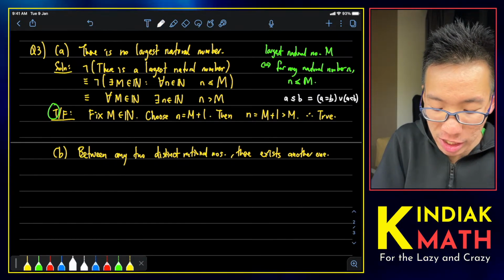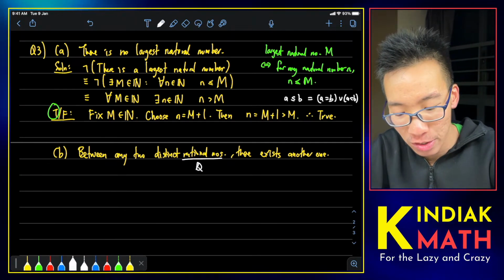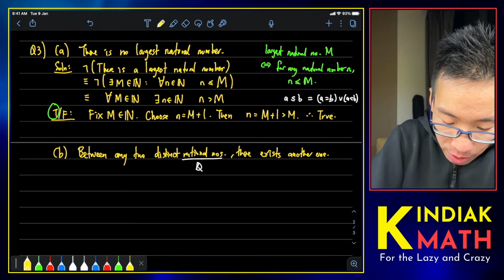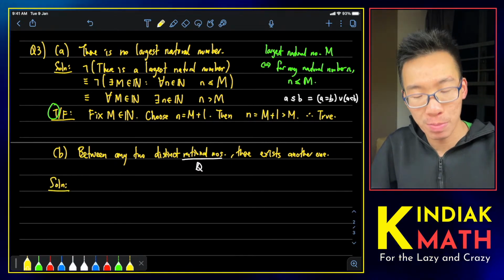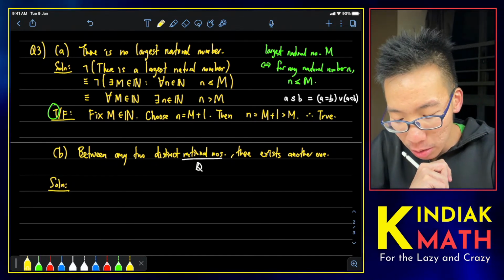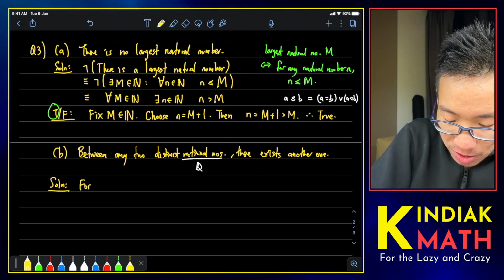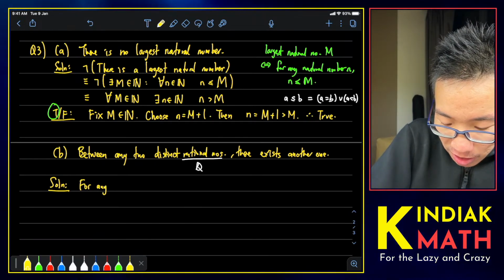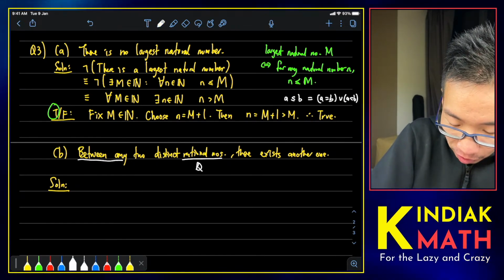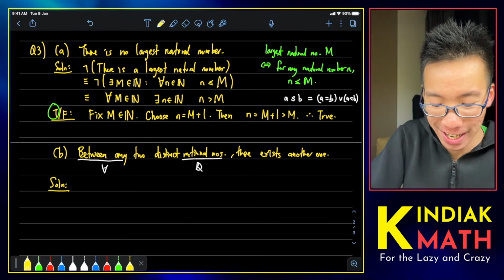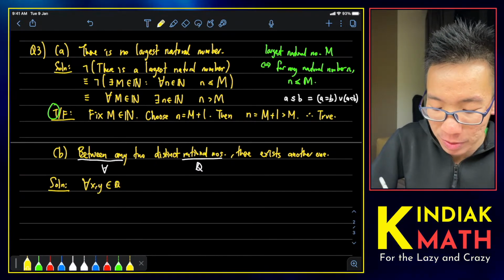And we usually use the symbol Q to represent the set of rational numbers. So let's write this using symbols and go ahead and try to prove it. Between any two distinct rational numbers. So the between any is going to give me a for any kind of vibes there. So it's for any x and y in the rational numbers.